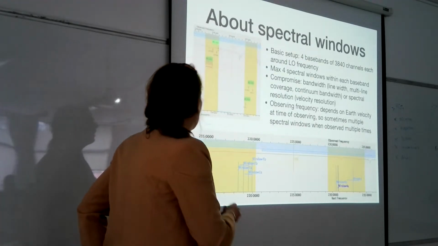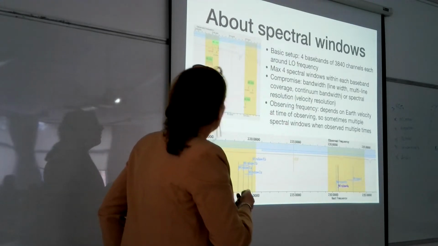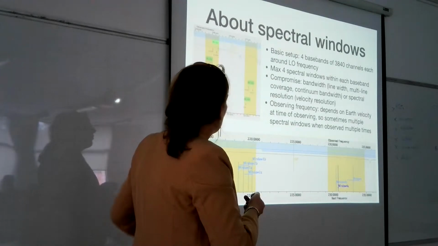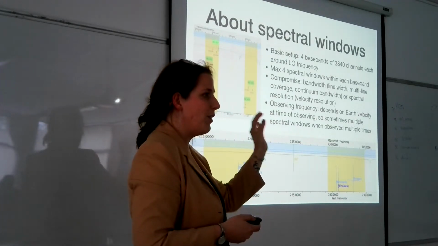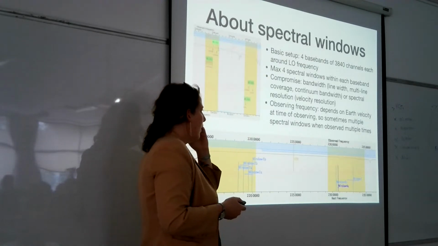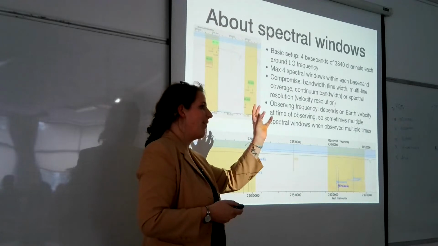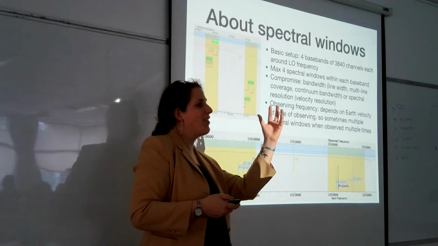Let's see, but then finally this is a very detailed comment. When you set your spectral windows, you set it in principle at the rest frequency of your line. But because the Earth is rotating, the Earth velocity is actually going to change that frequency a little bit.